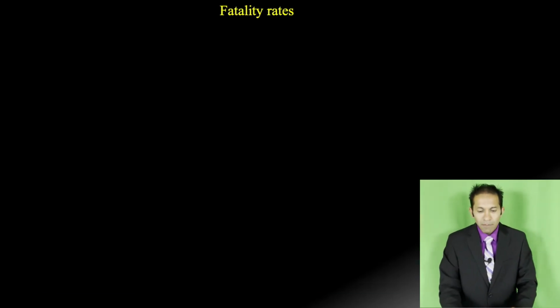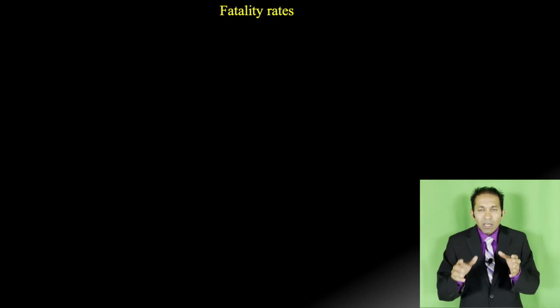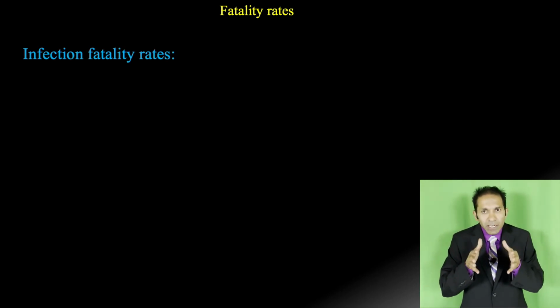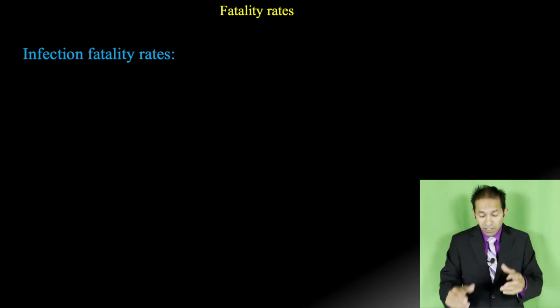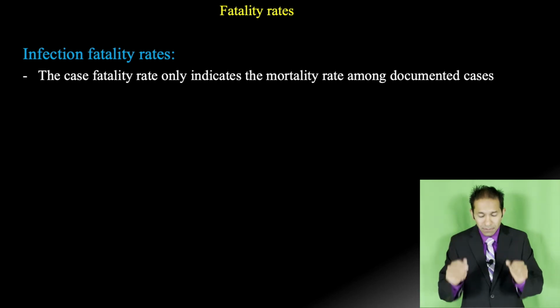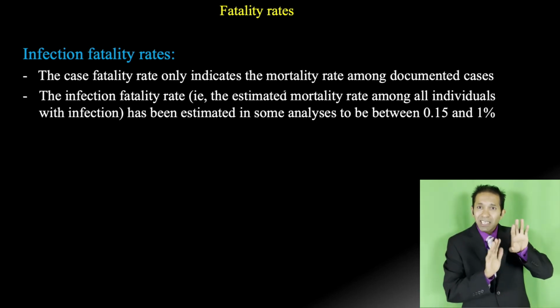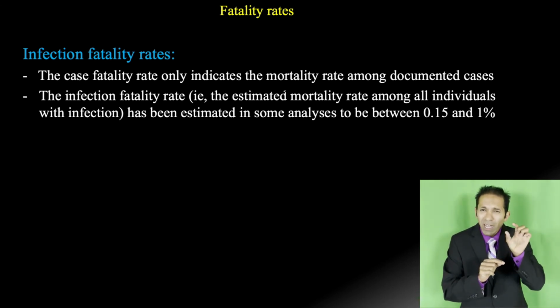So let's go to the next slide and talk about fatality rate, okay? Infection fatality rate makes more sense as compared to case fatality rate. We'll talk about that. The case fatality rate only indicates the mortality rate among documented cases. On the other hand, the infection fatality rate has been estimated to be between 0.15 to 1%.